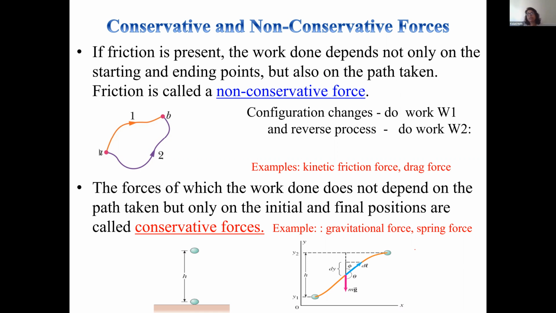You lose some energy because of heating from rubbing objects, or sometimes sound releases the energy. Because of that, your work done will be different by traveling different paths. We call those non-conservative forces. Conservative force examples in your class are the gravitational force and the spring force.